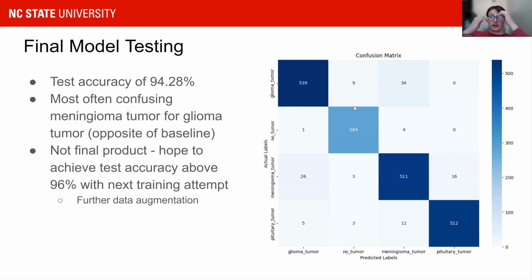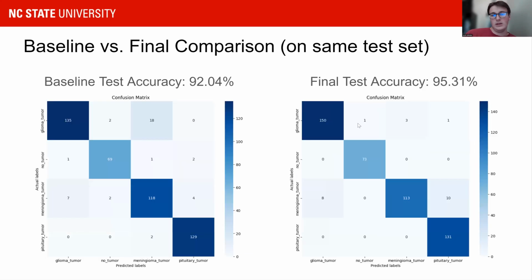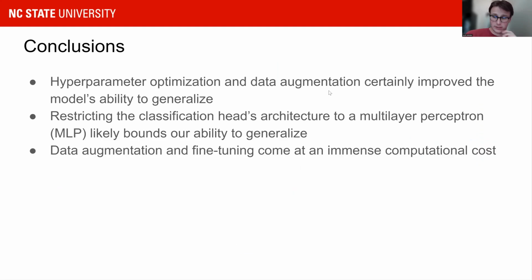And then for the final model testing, on a new test set with all new data, we were able to get an accuracy of 94%. But when we take a look here, we can see that on the same test set as the baseline model, we were able to achieve an accuracy of plus 3% using the final model with all its optimizations. So in conclusion, these optimizations worked.